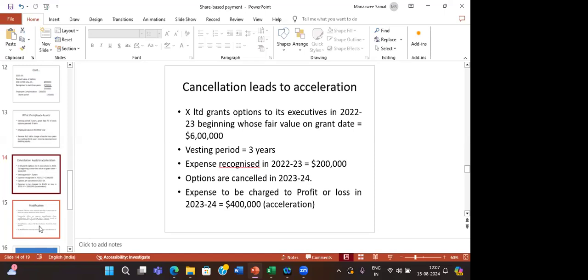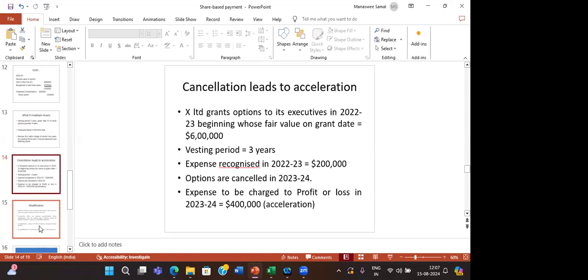Therefore, my profit will become adverse. That's what I don't want to happen. So I talk to my employees, and since they are all people working in a promoter-driven entity, not professionally managed, obviously for fear of losing their job, they might agree with me. So then I cancel the option scheme.